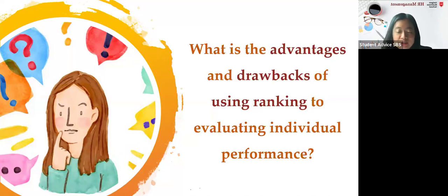Actually, I totally agree that ranking becomes more challenging when dealing with larger groups or diverse roles. Sometimes ranking can be misleading, subjective, and inaccurate because it depends on the manager's perception and doesn't always reflect individual achievement accurately.